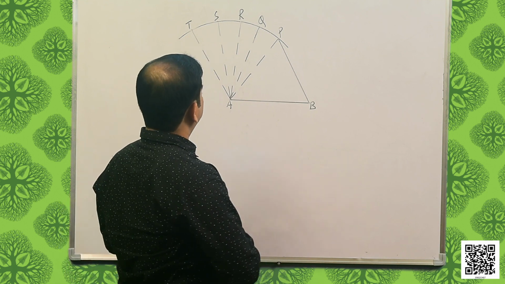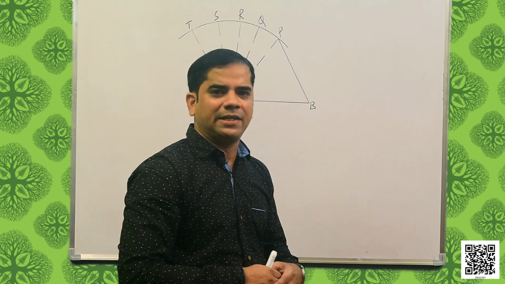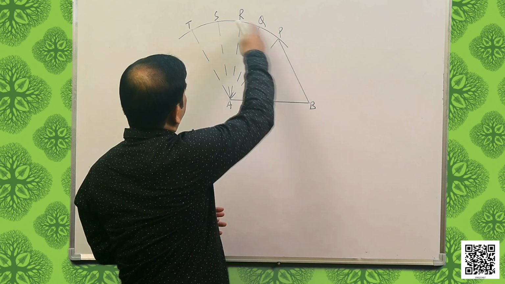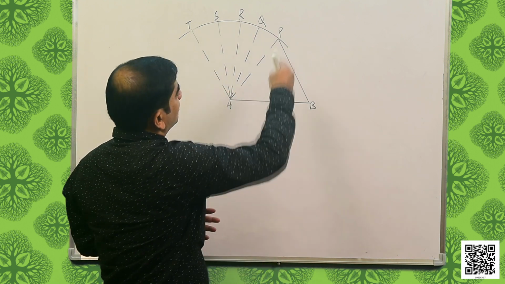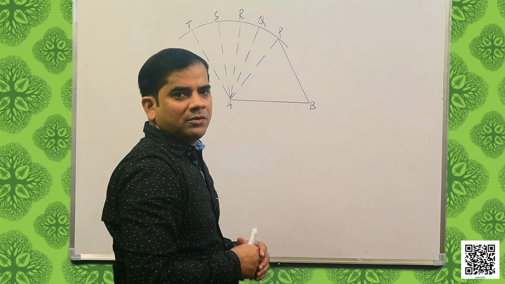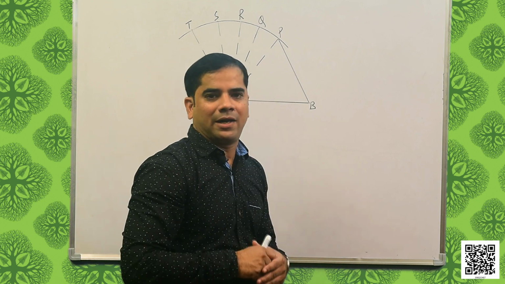So I have taken the radius as AP. Fine. I have taken the radius as AP and I have drawn an arc and I have some points P, Q, R, S, T. Okay, they are separated from each other and they lie on the same arc.